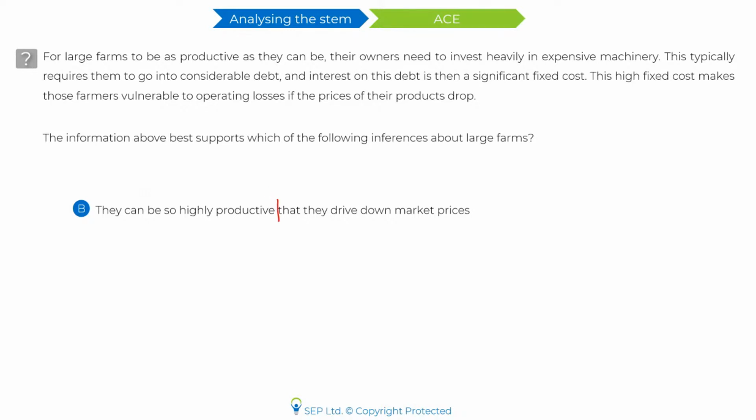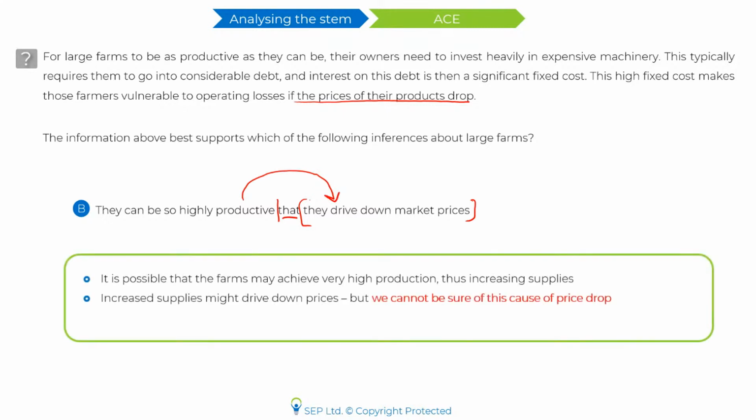From the passage, can I infer that the farms can be so highly productive that they drive down market prices? The passage talks about if the prices of the products drop, but what is going to lead to that product price drop is not given in the passage. This connection is not made.